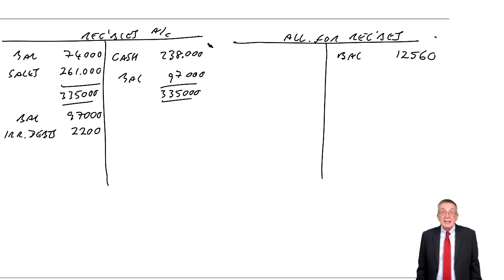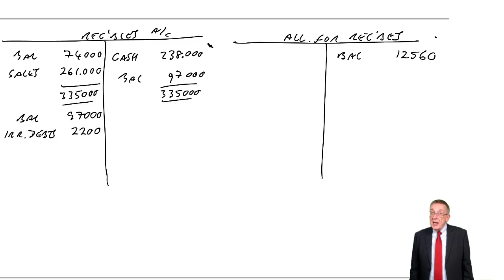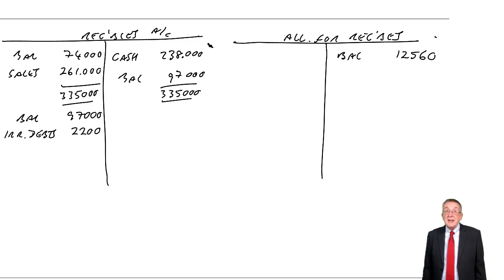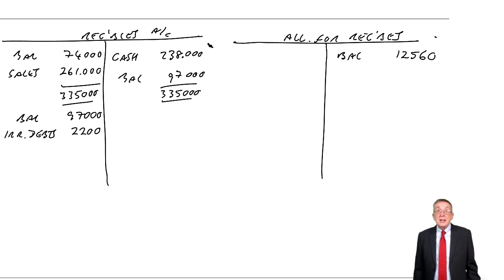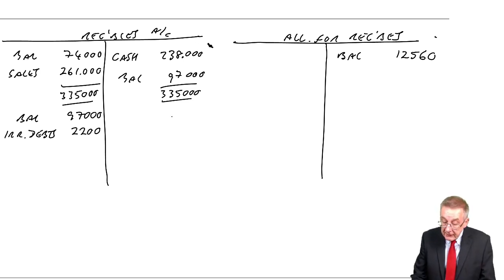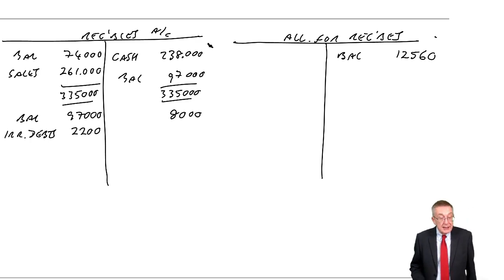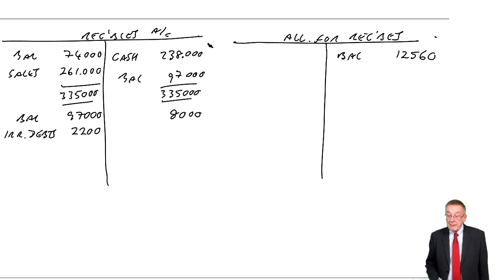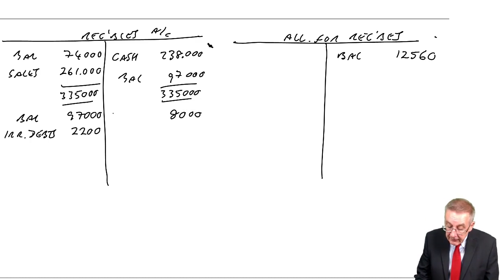He's still not paid. And so now we need to remove him. He's irrecoverable. And you know from the last section how to remove one. If it's irrecoverable, we credit receivables to remove it, 8,000. Debit irrecoverable debts expense.